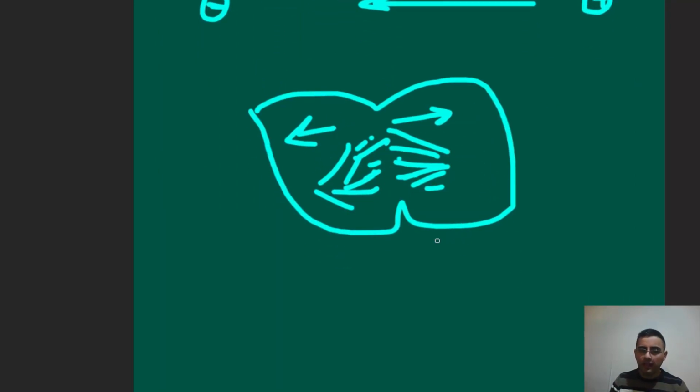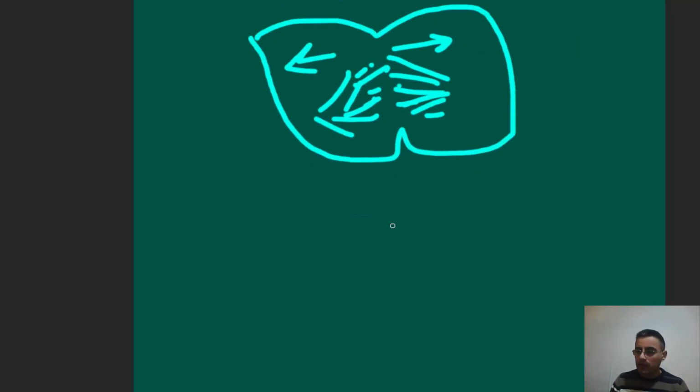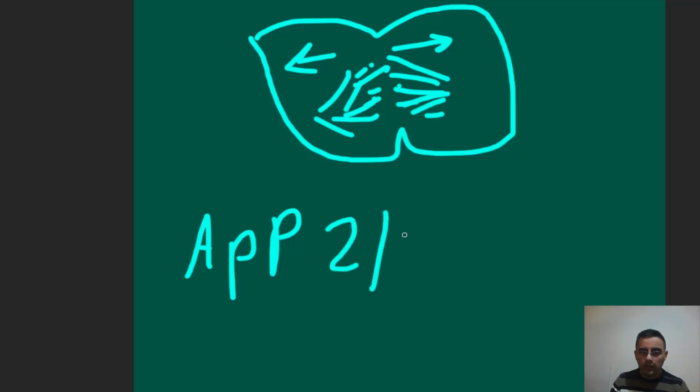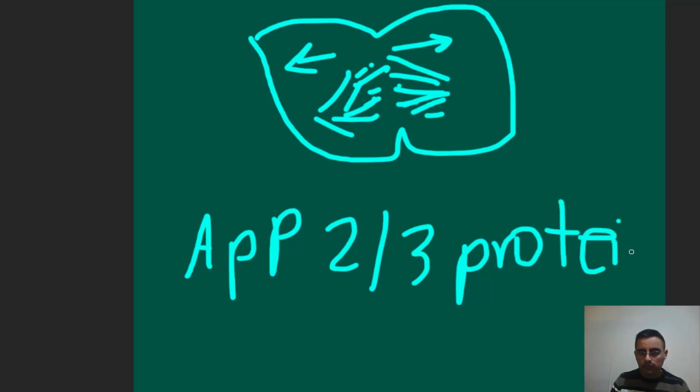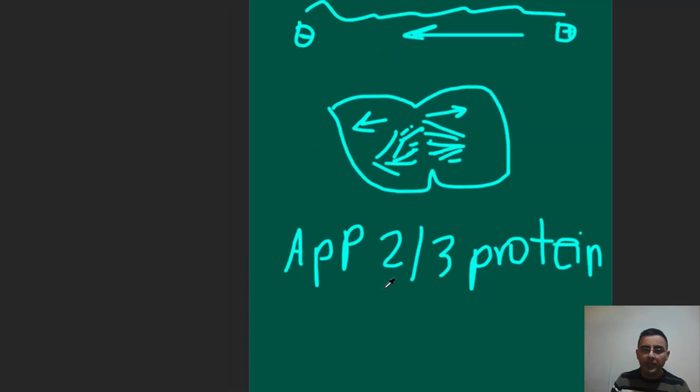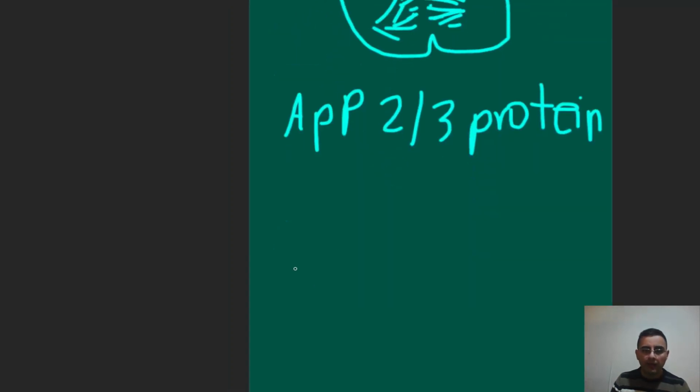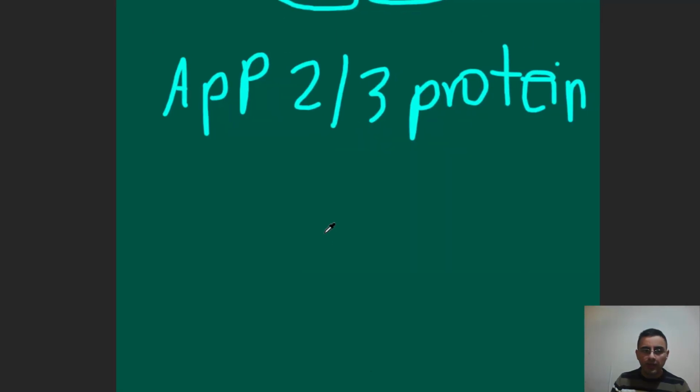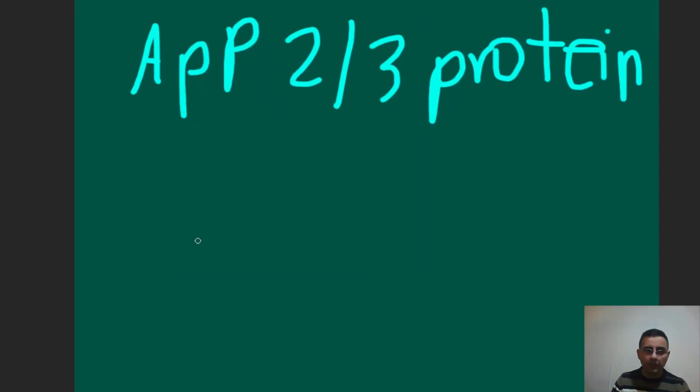Another important issue: there is the ARP2/3 protein, which promotes F-actin networks.